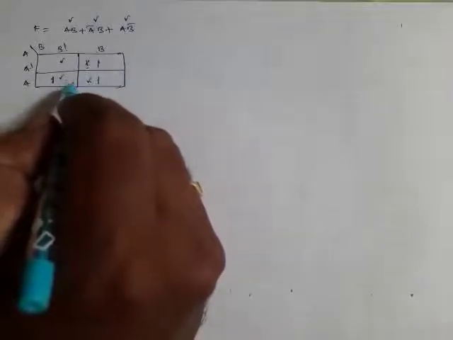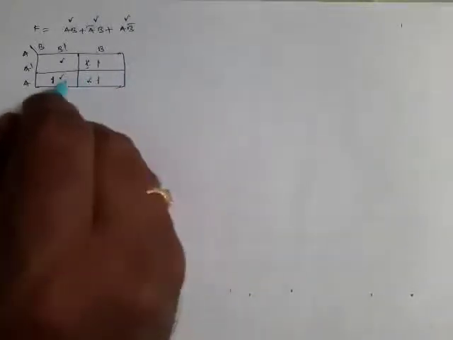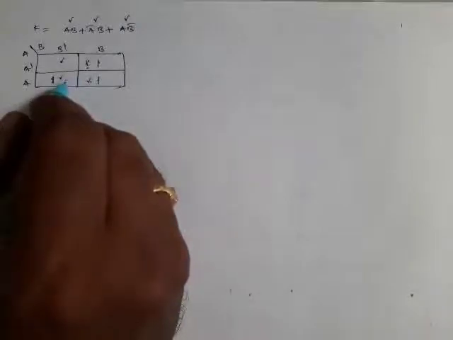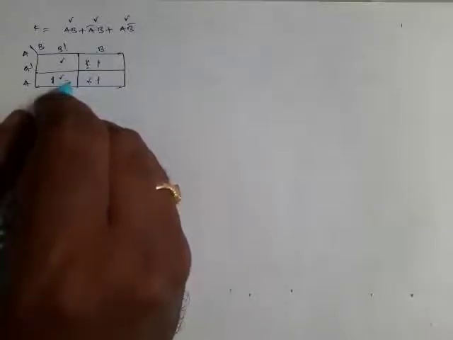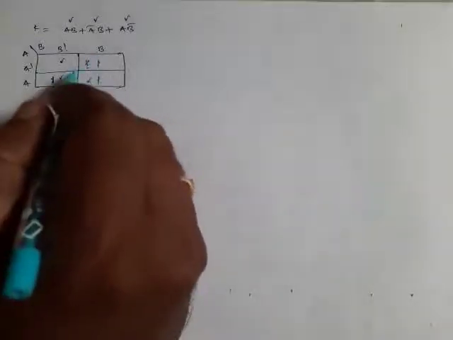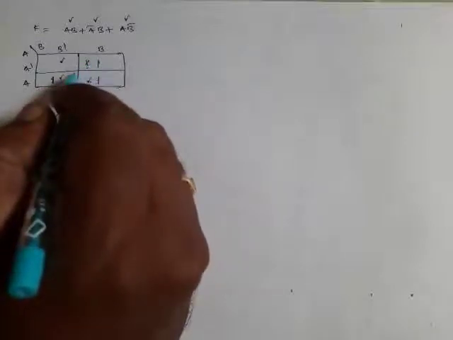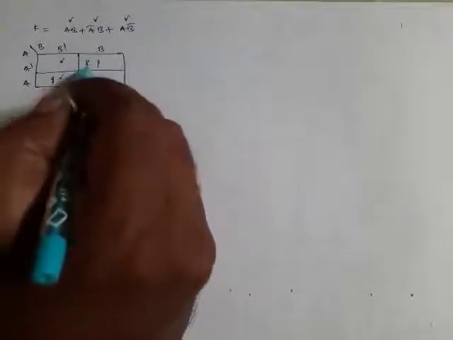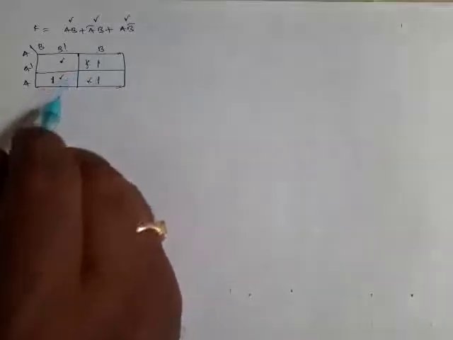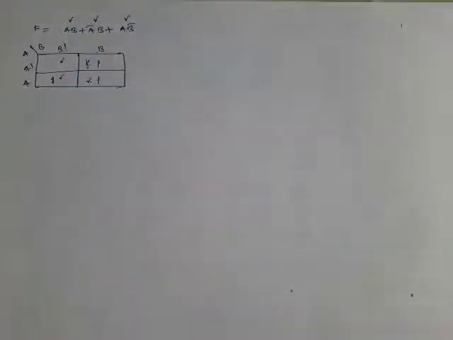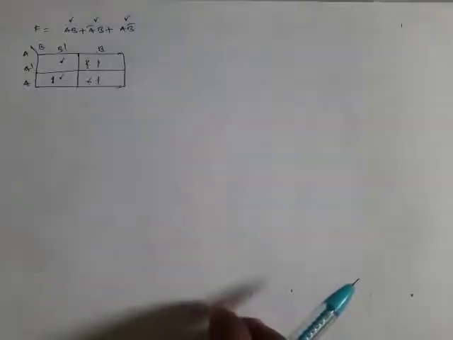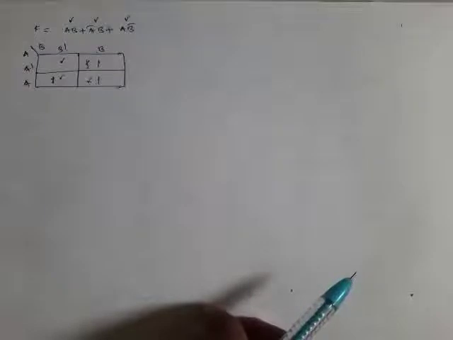So what I can say in another way is that the cells which are diagonal to each other are not considered adjacent cells, and the cells which are differing in only one variable are considered adjacent.